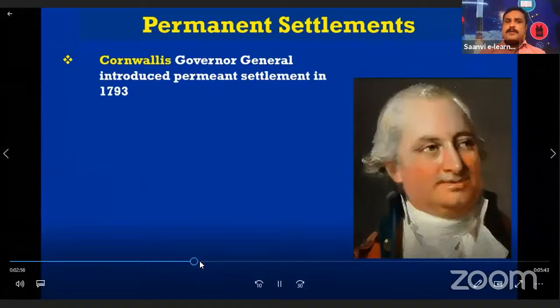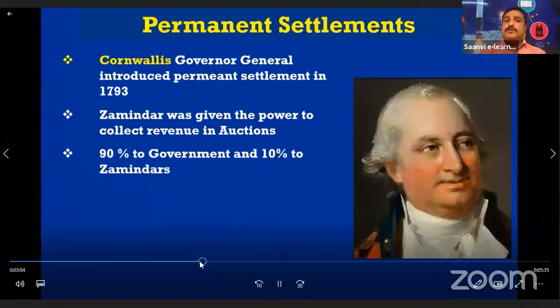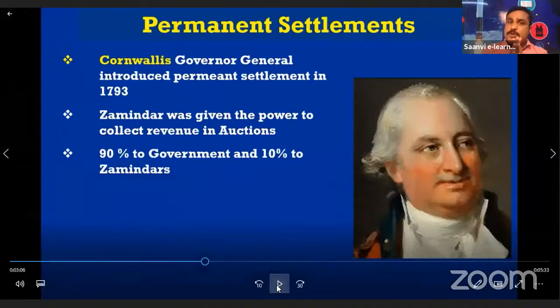Zamindars were given the power to collect revenue in auction. So these points we have discussed about the Britishers. You know what an auction is: they can say how much they can collect and submit to the authority. Velam Pata, we generally call it in Telugu.